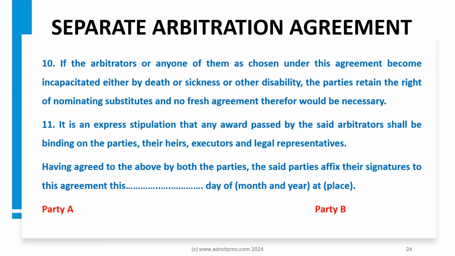And the mandatory provision, that is the award rendered by the arbitrator, is binding on the parties, their legal heirs, executors, and legal representatives. Of course, whatever the award being rendered by the arbitrator, it is legally binding and enforceable by law. So here the parties have mutually agreed, and they will be including their signature and the date and place of signature. So this makes the arbitration standalone agreement a valid one.